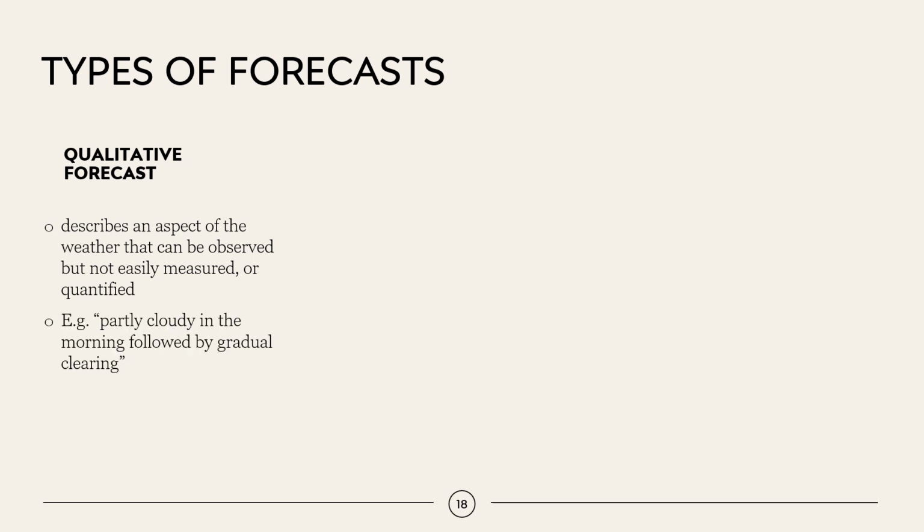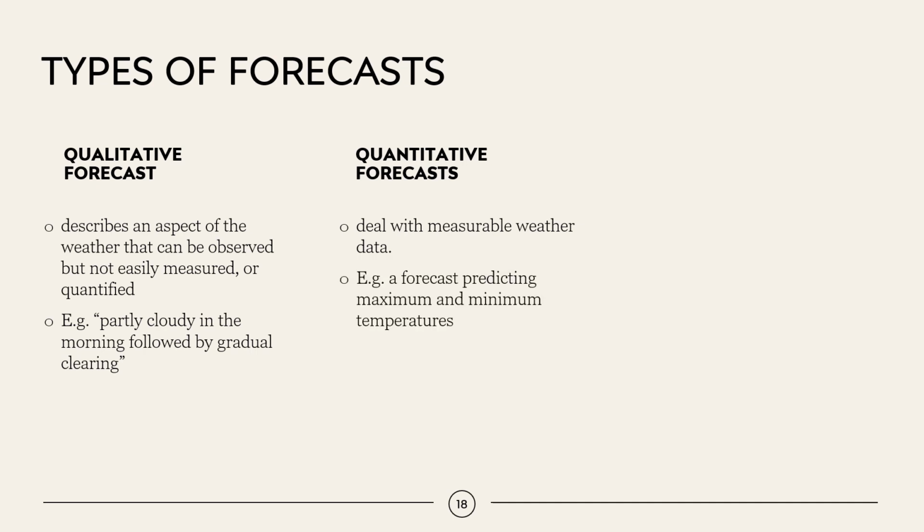So, for example, partly cloudy in the morning followed by a gradual clearing is an example of a qualitative forecast. So it can be very informative to the public. And the next one is the quantitative. So these quantitative forecasts deal with measurable weather data. For example, a forecast predicting maximum and minimum temperatures.